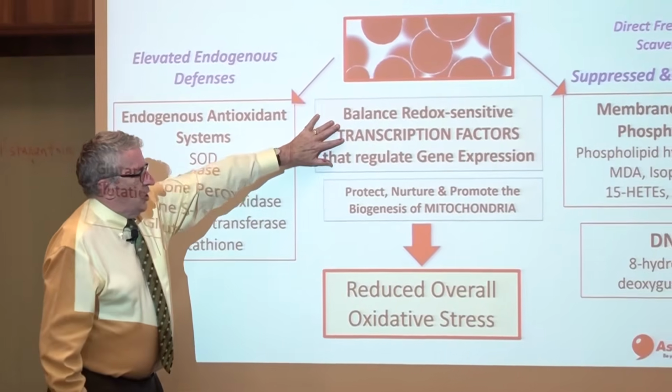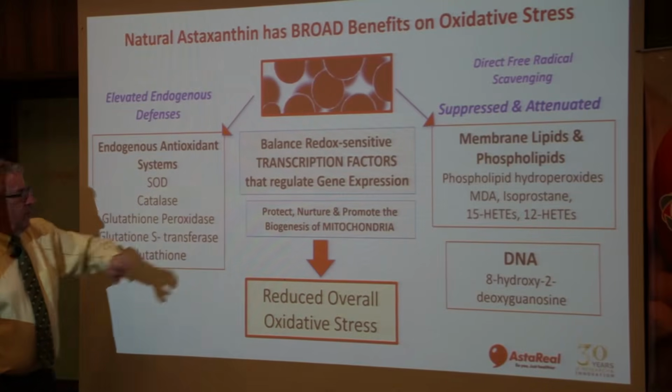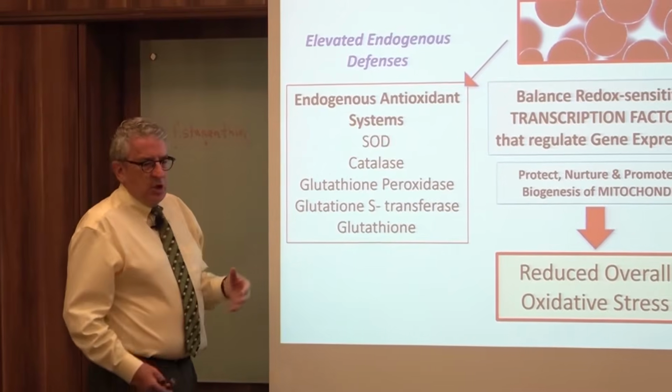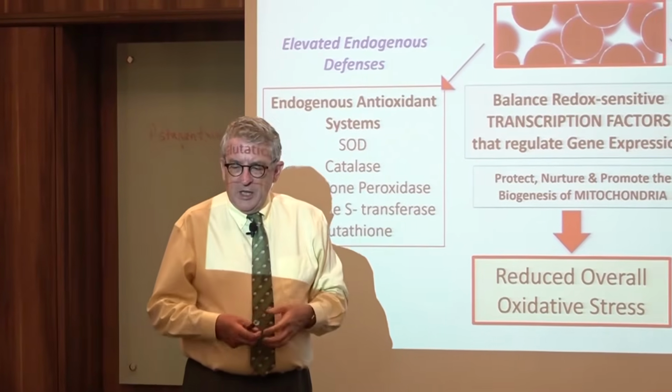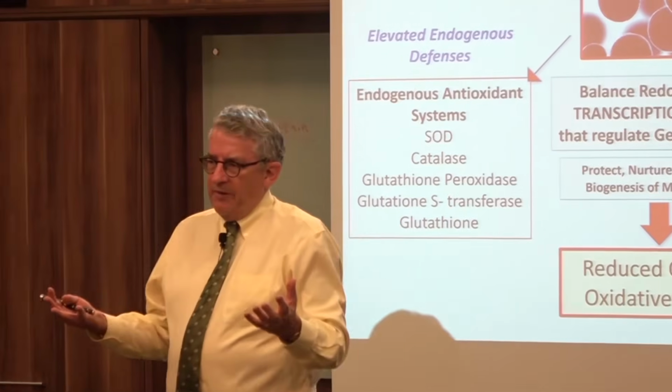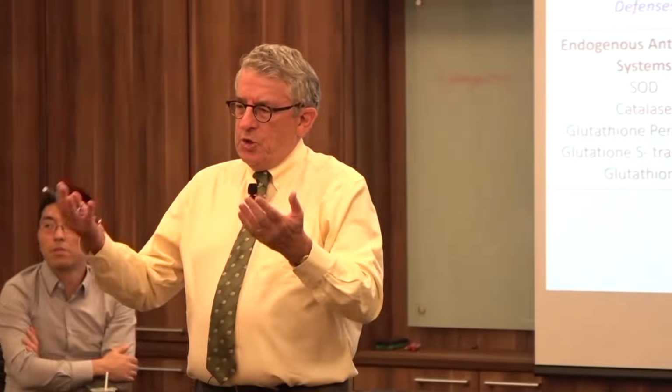You can regulate the genes. You can affect the mitochondria we'll talk about. And also it activates the endogenous systems that keep that stress down. There's a whole slew of actions that it's working to reduce that oxidative stress and all the sequelae to it from a carotenoid, from an algae. Next slide.